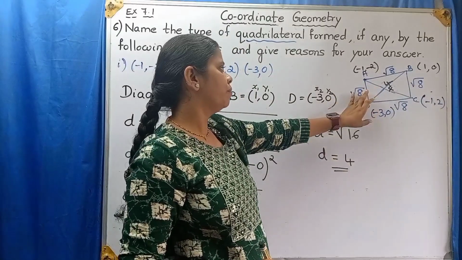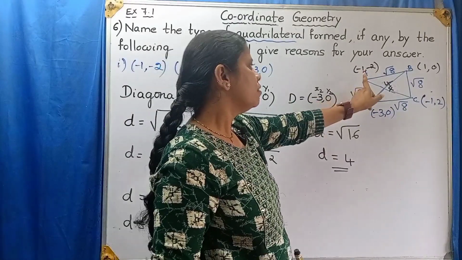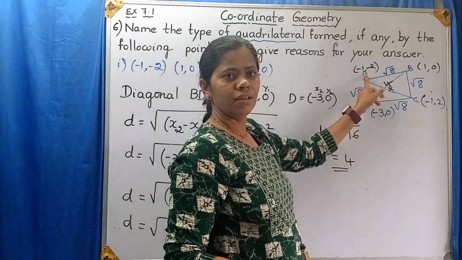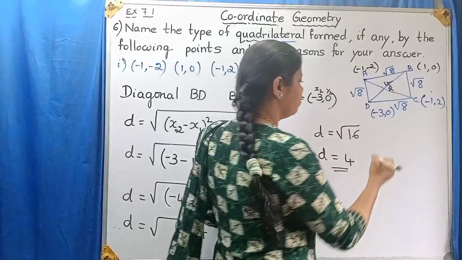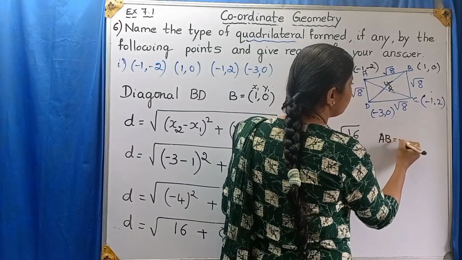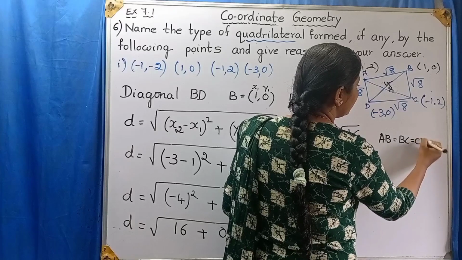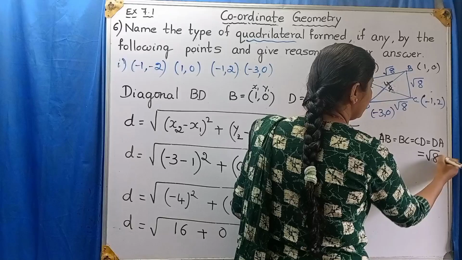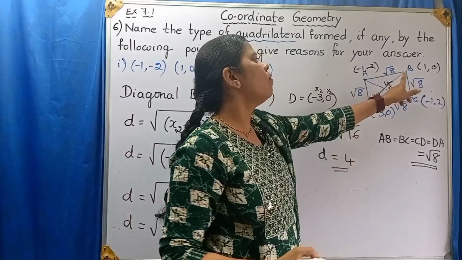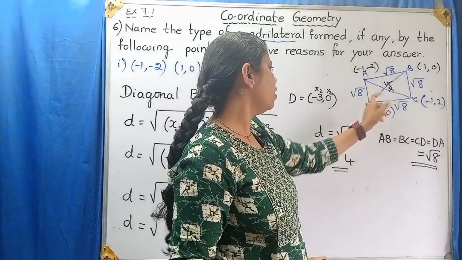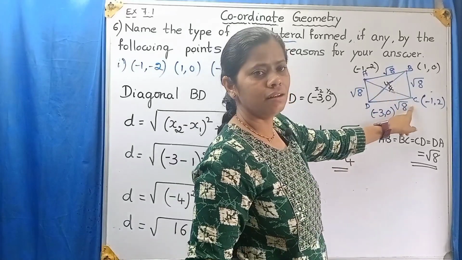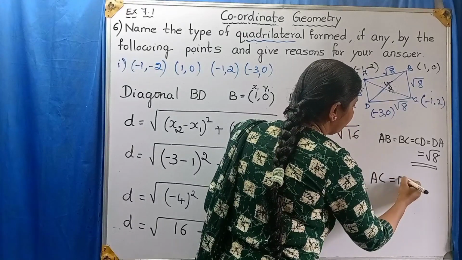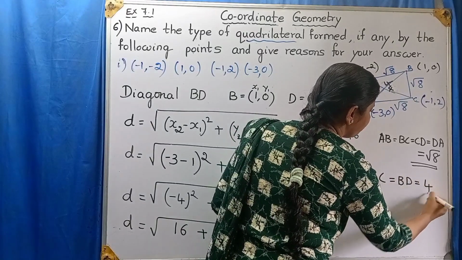Now look at this figure. The distance of the sides AB, BC, CD and DA is root 8. That is, AB is equal to BC is equal to CD is equal to DA is equal to root 8. It means all 4 sides are equal. And the diagonals AC and BD are equal to 4.